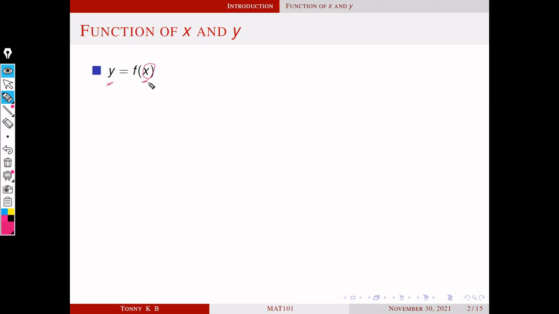We can extend a similar concept to functions of two or more variables. So how to extend this concept? You consider z is equal to f of x, y. Then what are the independent variables? As with a single variable function, it is clear that here x and y are the independent variables and z is dependent.